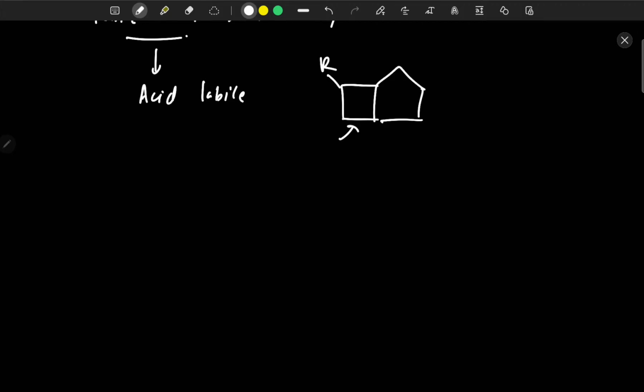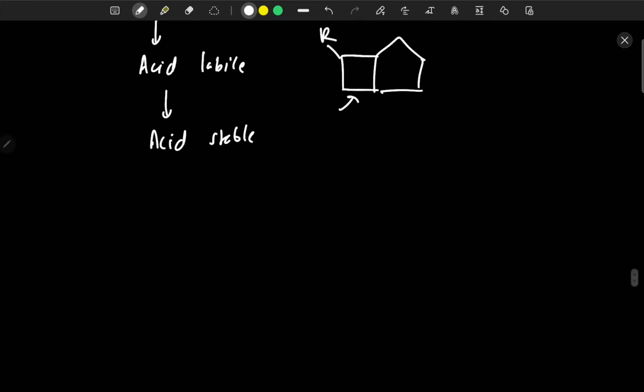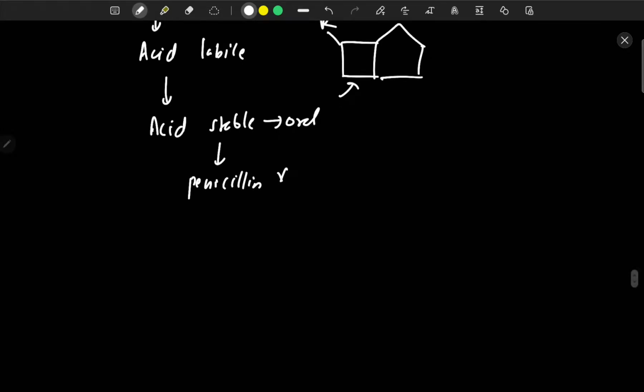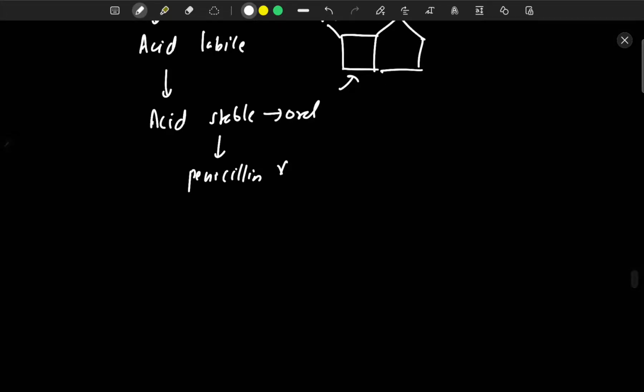So we have changed the structure to make it acid stable so that we can give it orally. We designed a drug called penicillin V, and the spectrum of action of penicillin V is the same as penicillin G, except it is less effective against meningococcus.